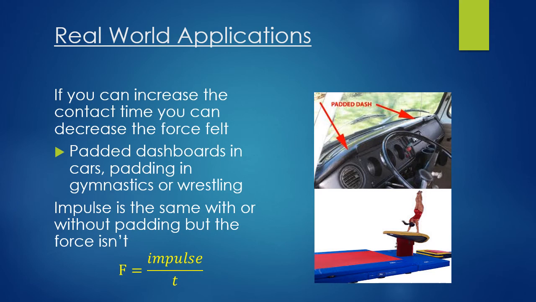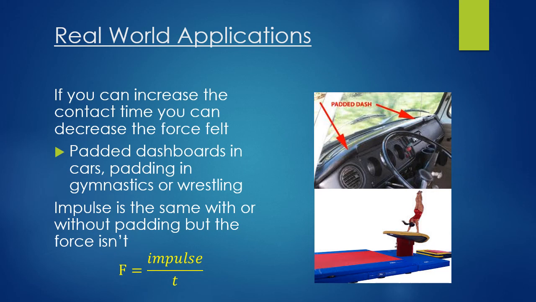Because by applying that padding, when someone gets in an accident and they hit their head on the dashboard, it's increasing the contact time of their head on that dashboard because their head has to go through all those layers of padding before it hits the harder surface. So their contact time with the dashboard goes up, and this means that the force they feel now is going to go down, opposite direction. It's going to lessen their injuries.